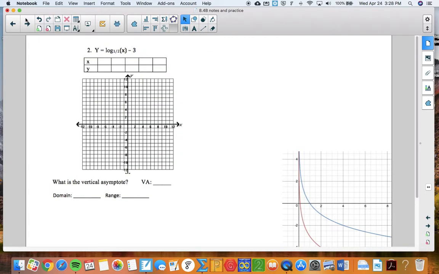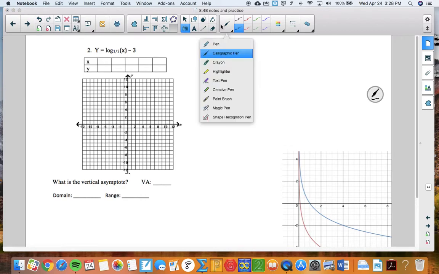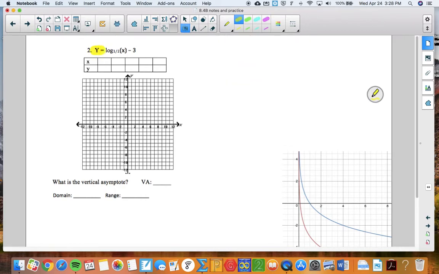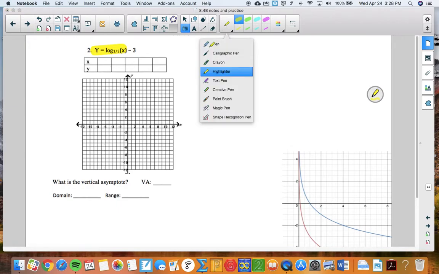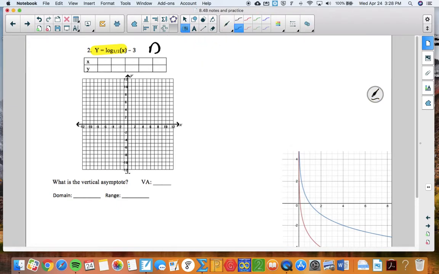Let's try the last one here. So again, start with your parent function, y equals log base 1/2 of x. And then I will shift it down 3 from there. Let's convert this to exponential form. So my base is 1/2, my power is y, and that's going to equal x.